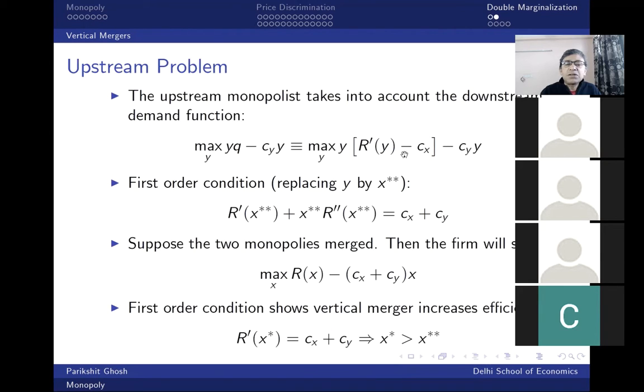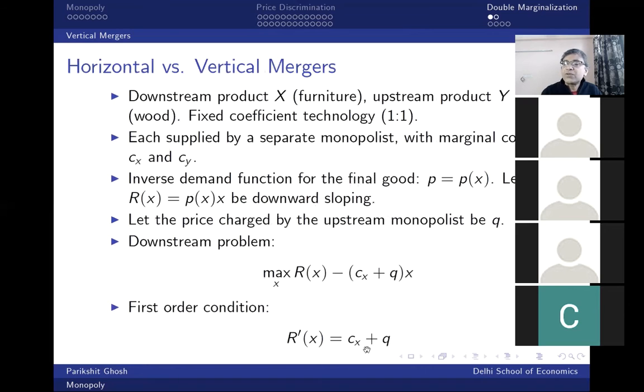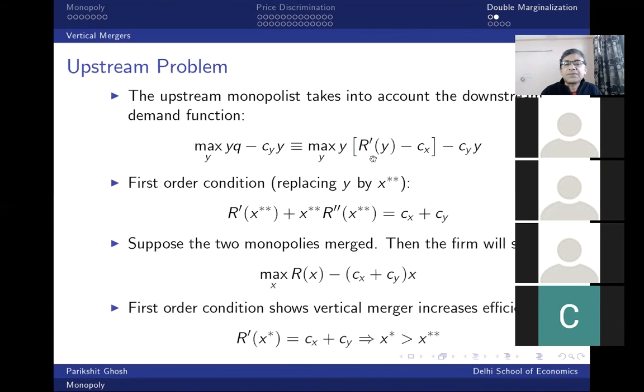Since we want to do the maximization with respect to quantity, what we can do now here is that we can go back, look at this equation, which is the source of the derived demand function. So Q can be expressed as R prime minus CX, right? So that's what I've done here. Replace Q by this. So now it becomes a standard profit maximization problem with quantity being the choice.